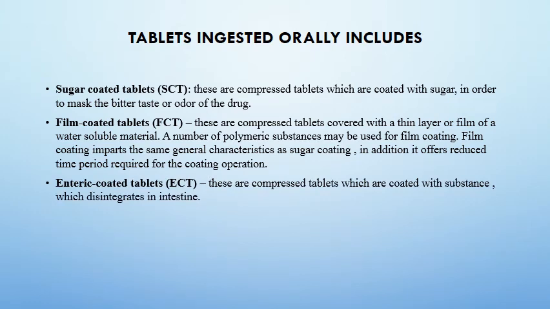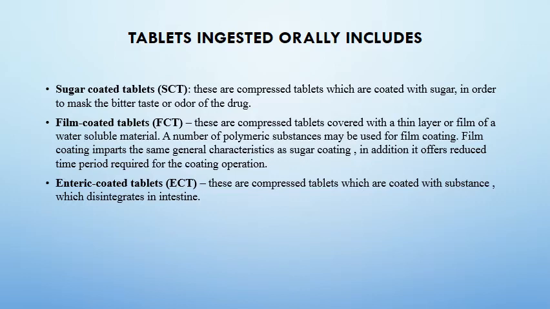Next is enteric coated tablet. These are compressed tablets which are coated with substances which disintegrate in the intestine only. It will dissolve in the intestine and release the drug only in the intestine.